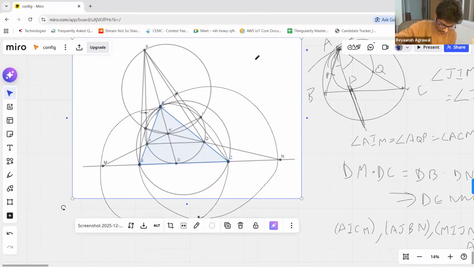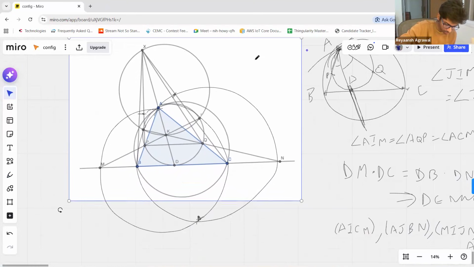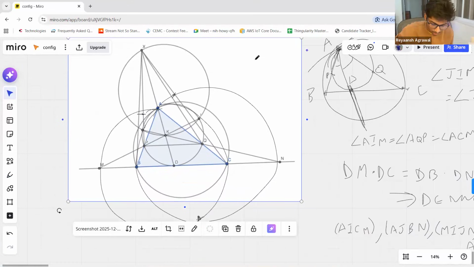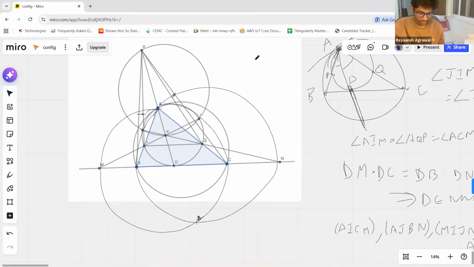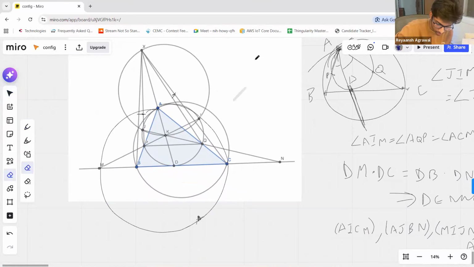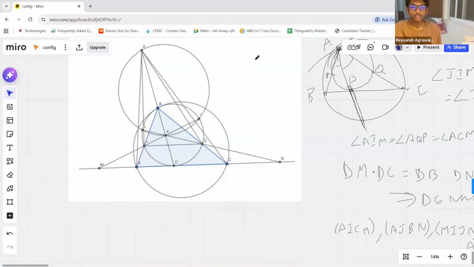Maybe I can show you. So can we look for some cyclic quadrilaterals? You know what? I'll just delete these circles because we don't need them right now. So what are some cyclic quadrilaterals through X?